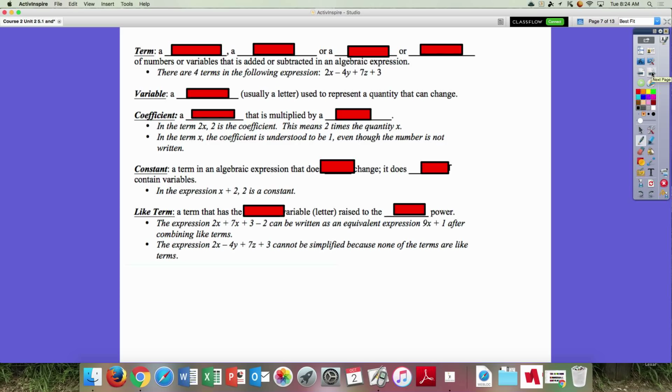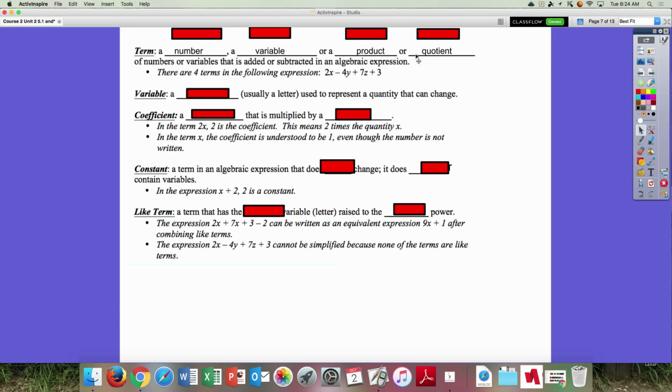A term is a number, a variable, or a product or quotient, multiplying, dividing. So there are 4 terms in this expression. You have 2x, you have negative 4xy, or 4y, I'm sorry.